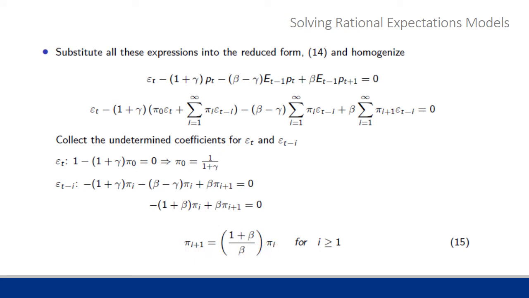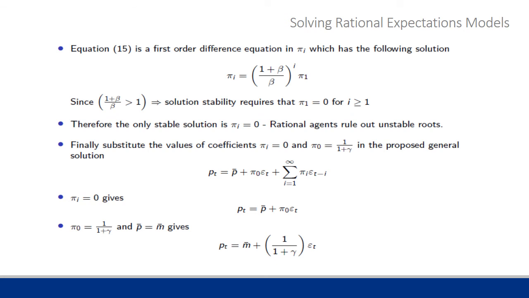This is a difference equation, and that difference equation in pi I has the following solution. Pi I is equal to 1 plus beta divided by beta to the I times pi 1, like a starting value, the first value of pi.